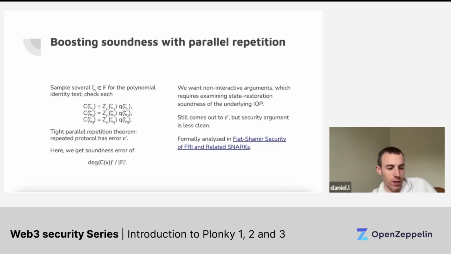So in that setting, I think it's harder. It's not as obvious. I believe the soundness error does still come out to be the same, where it shrinks exponentially with the number of rounds, but it's not as obvious and not a really clean security argument. And there were some doubts about the way we were doing this until it was more formally analyzed in this paper that came out recently.